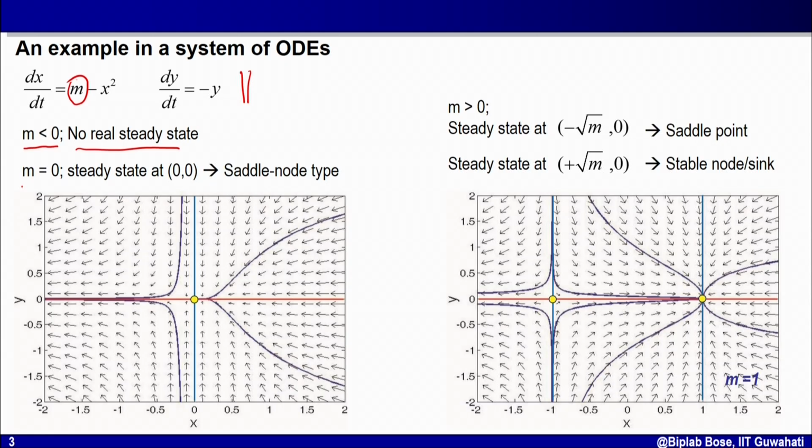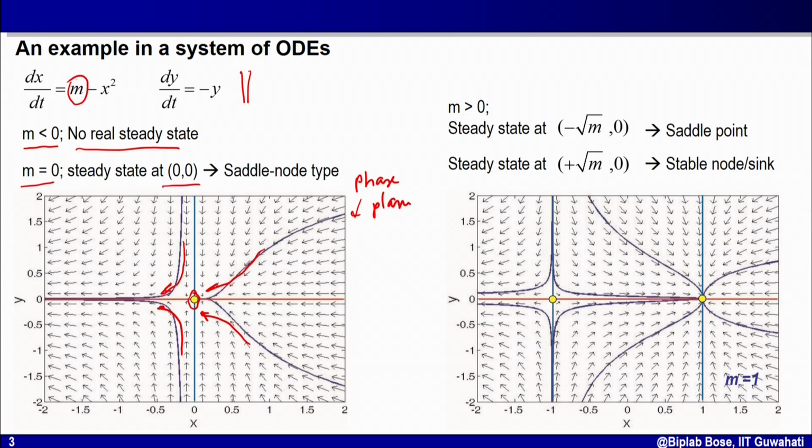When m equals 0, you have one steady state, that is (0, 0), and I have drawn the phase plane here, as you have seen it earlier. This (0, 0), the yellow dot, is a saddle node type. On this side, trajectories are moving away, whereas from this side, the trajectories are collapsing.